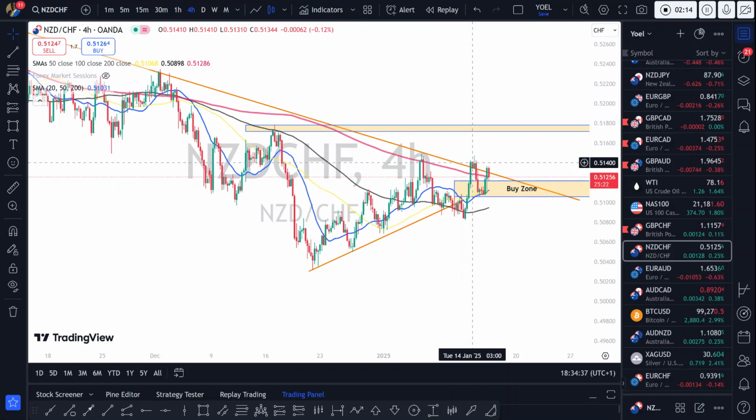Remember that I said the moment price is above all the moving averages, it's an indication that the momentum wants to start building to the upside. The momentum is to the upside. And when the price is below all the moving averages, it means price is likely going to the downside.